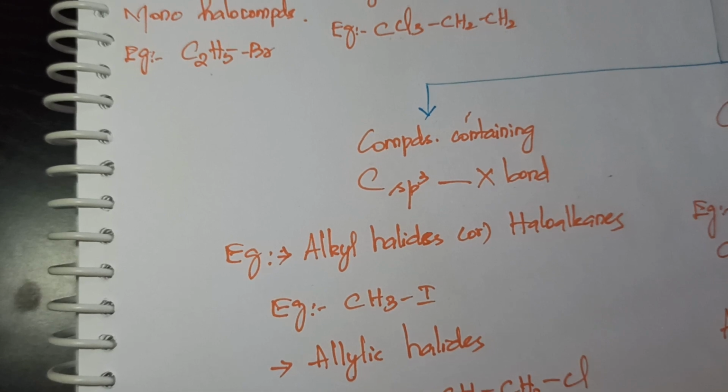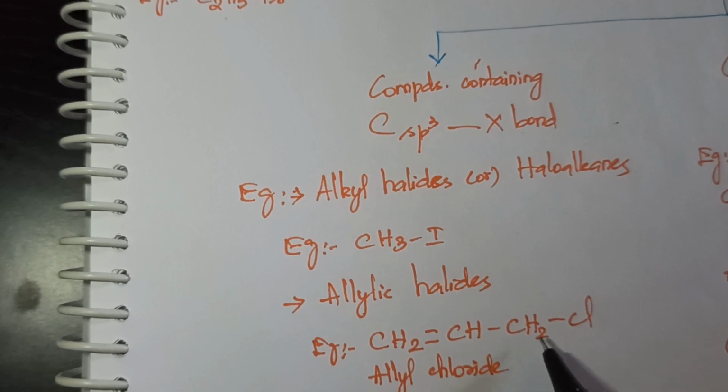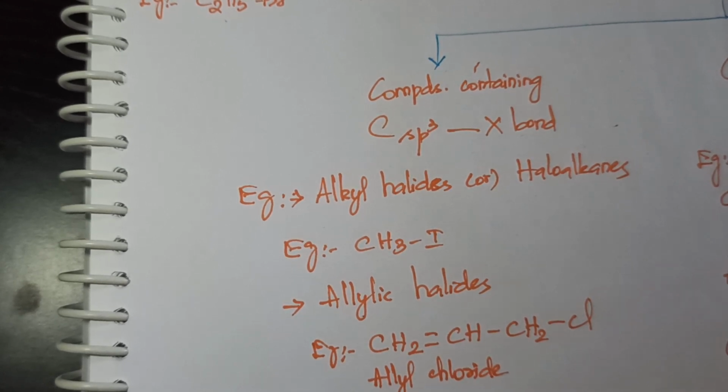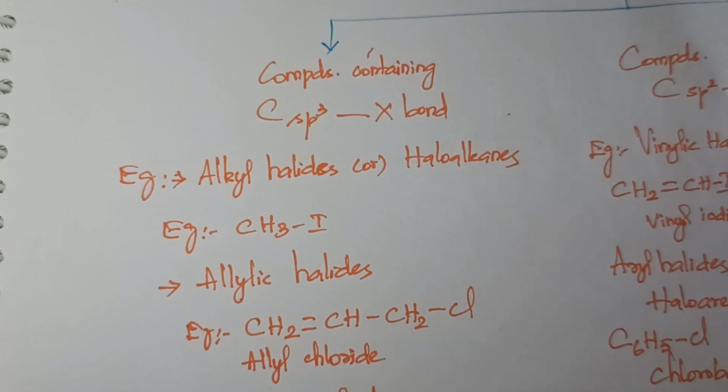The example is CH2=CH-CH2Cl. Allylic compounds are compounds where the halogen group is attached to an sp3 hybridized carbon next to the carbon which is already in a double bond with another carbon atom.